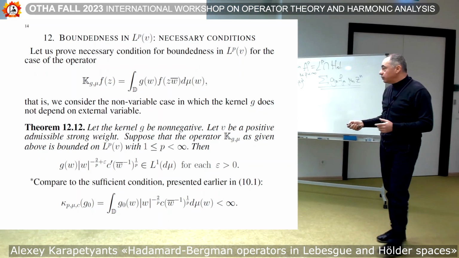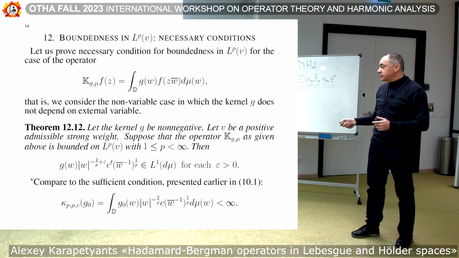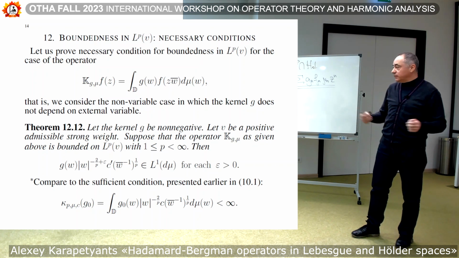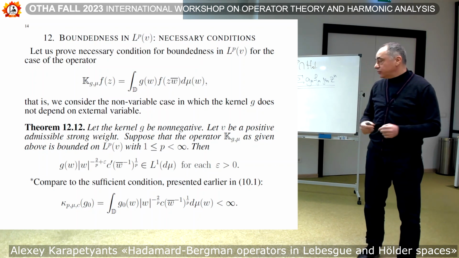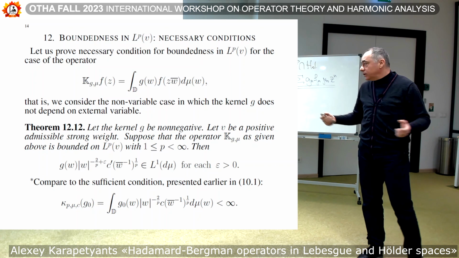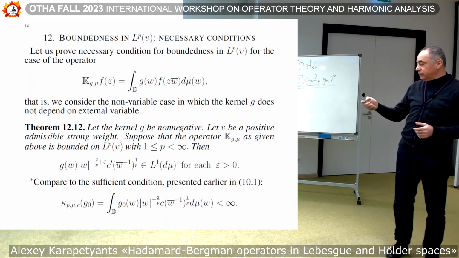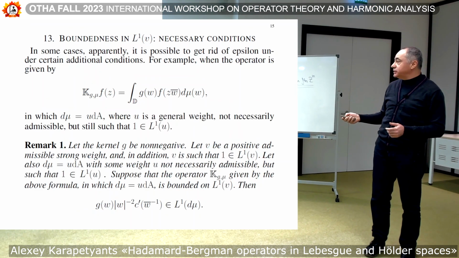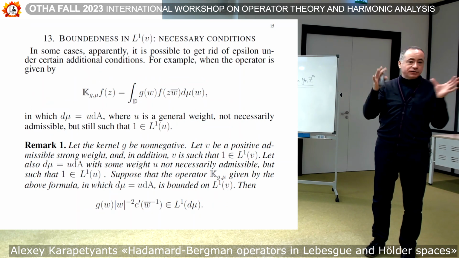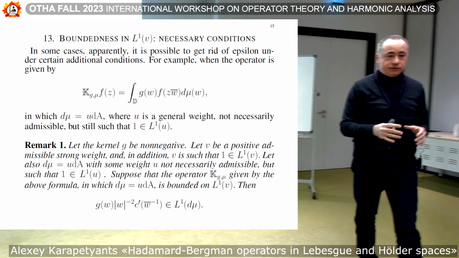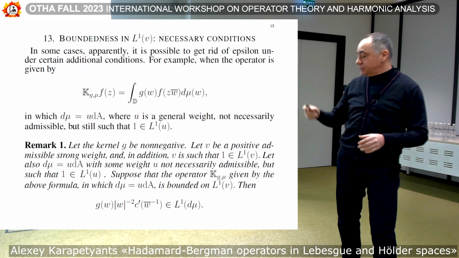But also you have some epsilon that comes from the method of proof, and we cannot get rid of the epsilon in the general situation. But in some particular cases, when we restrict ourselves, we can get rid of this epsilon also, as shown in this remark.